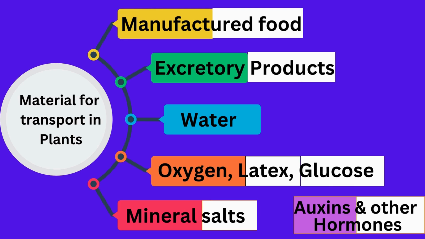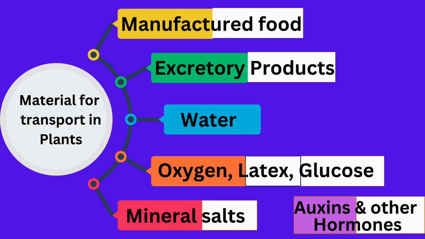Excretory products such as carbon dioxide and water are transported from all the living cells to where they are excreted. Number 3, water. Water is absorbed from the soil through the roots and it is transported to the leaves and other parts of the plant for photosynthesis and other functions.